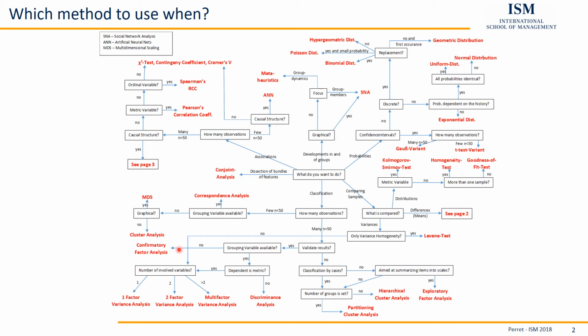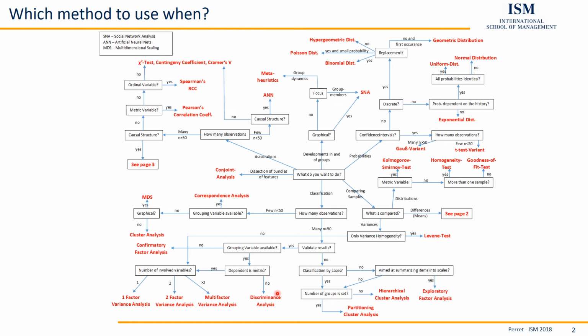If we have a specific grouping variable telling us this observation belongs to this group, so if we actually go more with observations than with variables and items, then the question would be, is the dependent variable metric or not metric? If it's not metric, one idea would be to go with discriminant analysis.